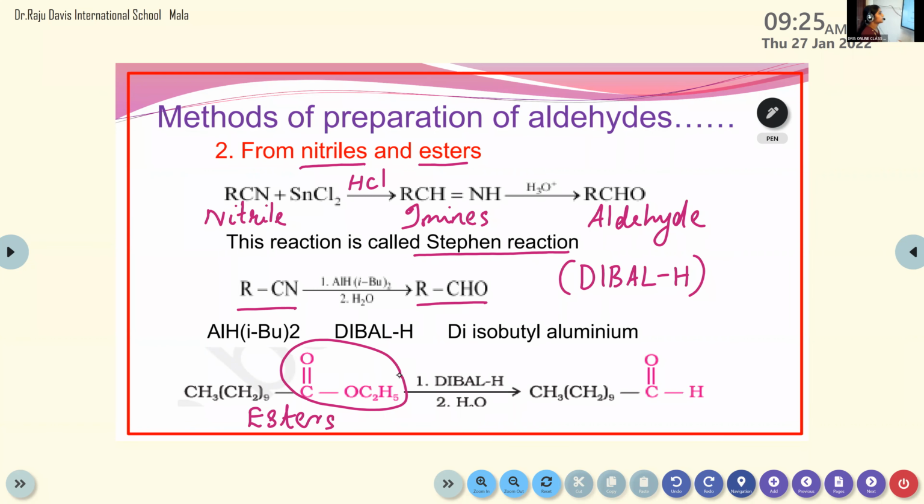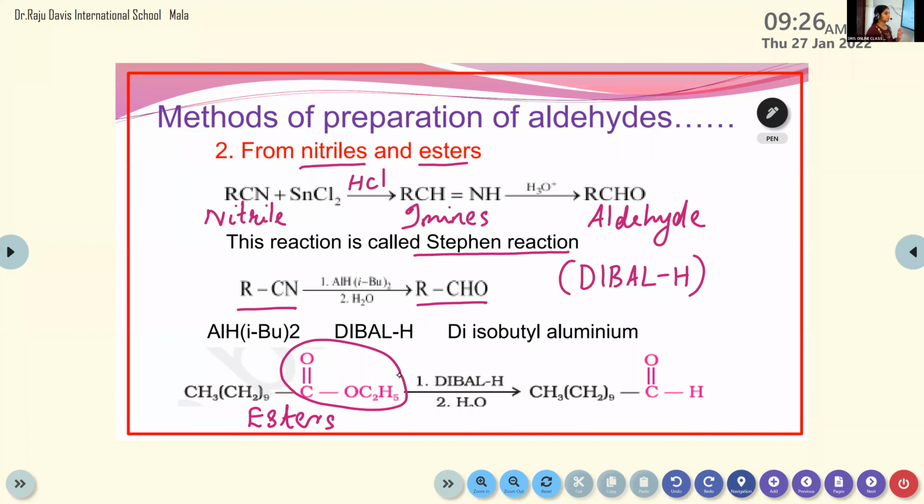So this is the second method, from nitriles and esters. From nitriles, the reaction is known as Stephen's reaction, and the reagent used is stannous chloride, SnCl2, and hydrochloric acid, HCl. The same reaction can proceed using another reagent, diisobutyl aluminium hydride, and we can also change the reactants from nitriles to esters.